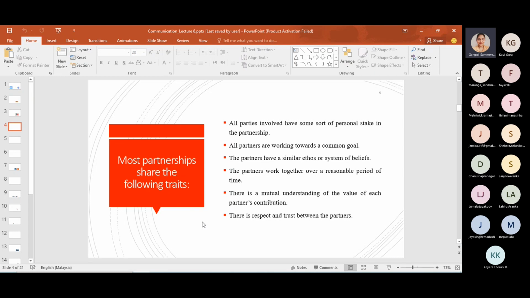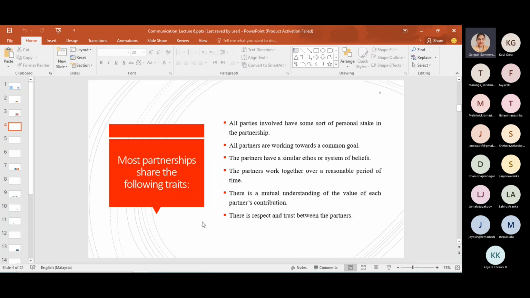For example, if organization A, organization B, organization C, and organization D are involved in partnership working, all these four organizations have some sort of personal financial gain through the partnership that they are in.